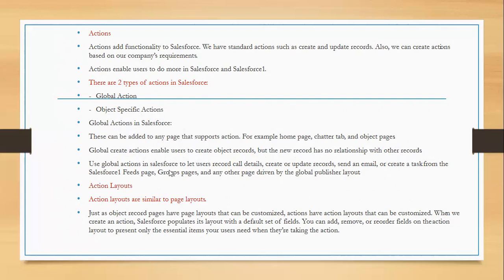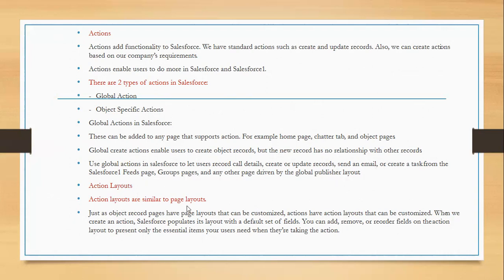Use global actions in Salesforce to let users log call details, create or update records, send emails or create a task from the Salesforce Feeds page, group page and any other pages driven by the global publisher layout.